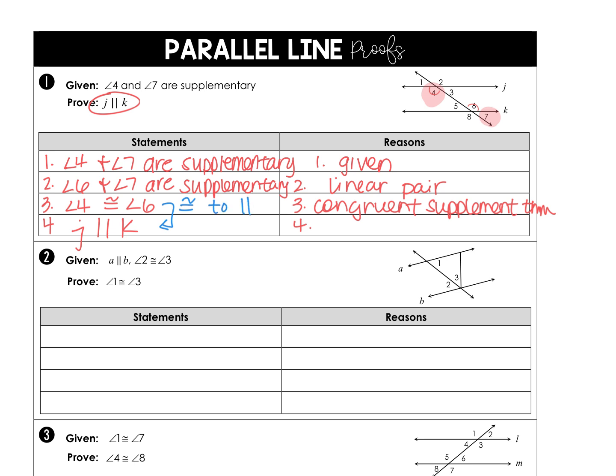I would write that down. That means we're using the converse. Congruent sign to parallel sign means converse. So we are going to say as our reasoning, alternate interior angles converse.